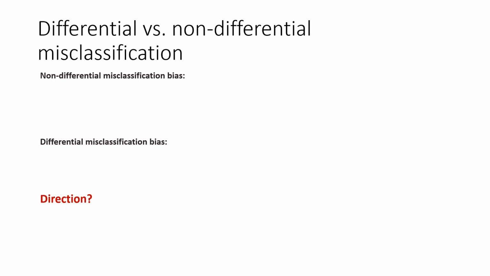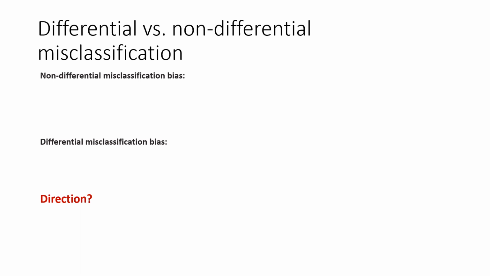No, I think it masks the association. It masks the association. And what about differential misclassification bias? It overestimates the association. One of them overestimates the association, and one of them masks the association.